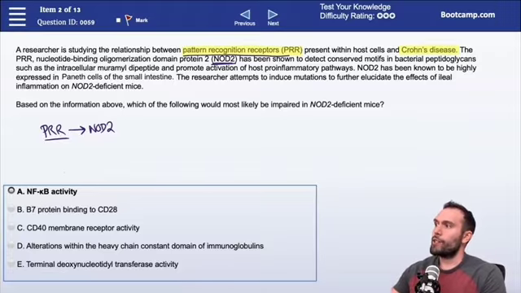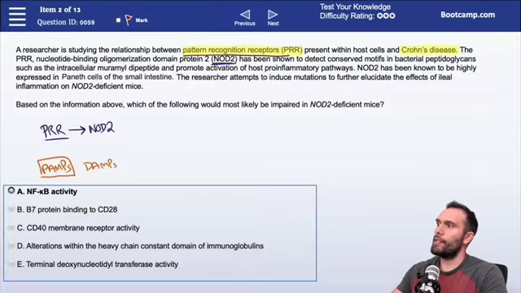So pattern recognition receptors are going to recognize pathogen-associated molecular patterns, or PAMPs, right? They can also recognize damage-associated molecular patterns. So these receptors can recognize these very non-specific patterns in certain bacteria or viruses, for example. And we talked about some of these. There are some PAMPs, for example, LPS in gram-negative bacteria.